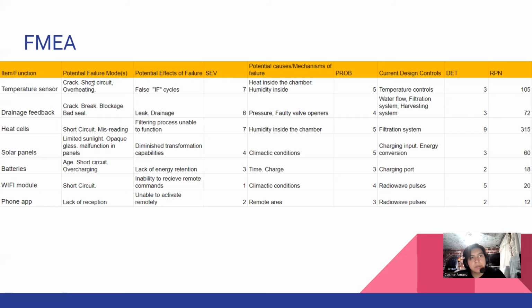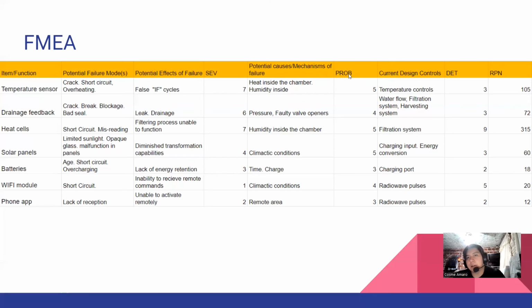These are related to the main functions, and this column is related to the effect of the potential failure mode. Then, according to a scale of possible error, we classified these possible failures, and we also included the potential causes of each subfunction.